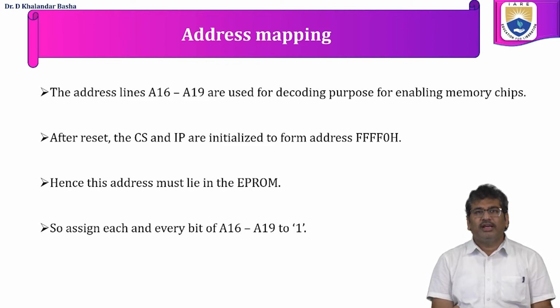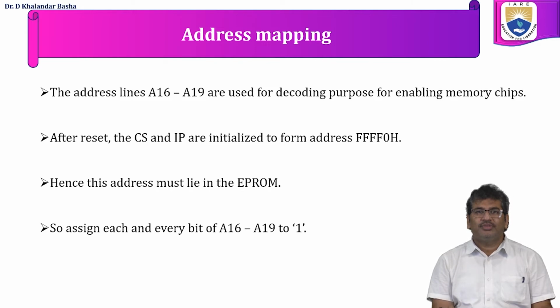But for the 8086 processor, after reset or power on, the CS and IP registers are initialized to the address FFFF0H. Whenever the reset is done or the system is powered on, the CS and IP will generate the address FFFF0H.